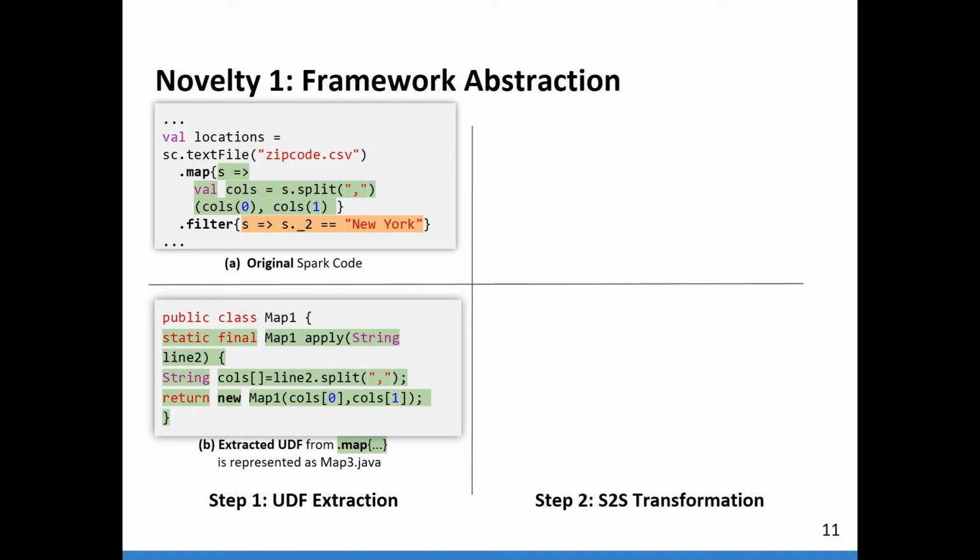The input arguments of such a method invocation represent the user-defined functions. For example, figure B is the extracted user-defined function for the map operator, and we store the extracted user-defined functions as separate Java classes.